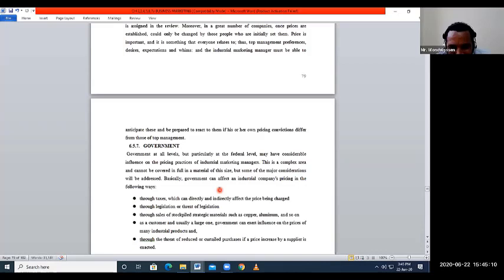So industrial marketing managers should consider the government regulation while they set the price for a certain product. Because government will influence the industrial company's pricing strategy in different ways: through taxation, through legislation, or in some cases, through the stock build strategy. Sometimes government may order to sell different products from stock.